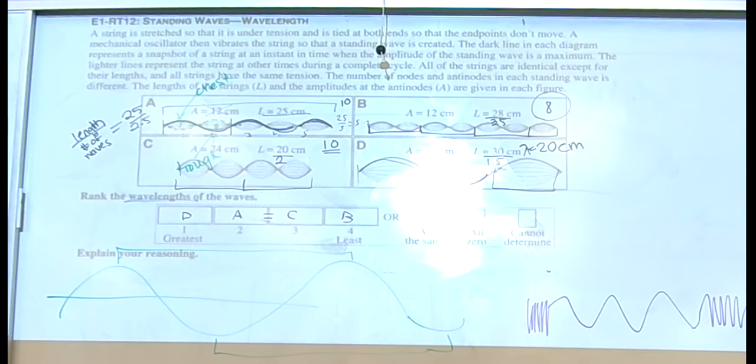If you have a transverse wave and it has... Yeah, so you do want to be able to identify. You didn't see any compressions in there at all?